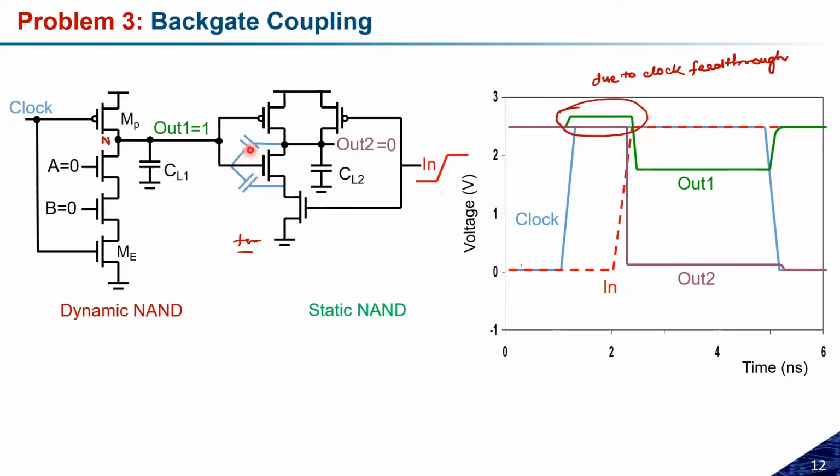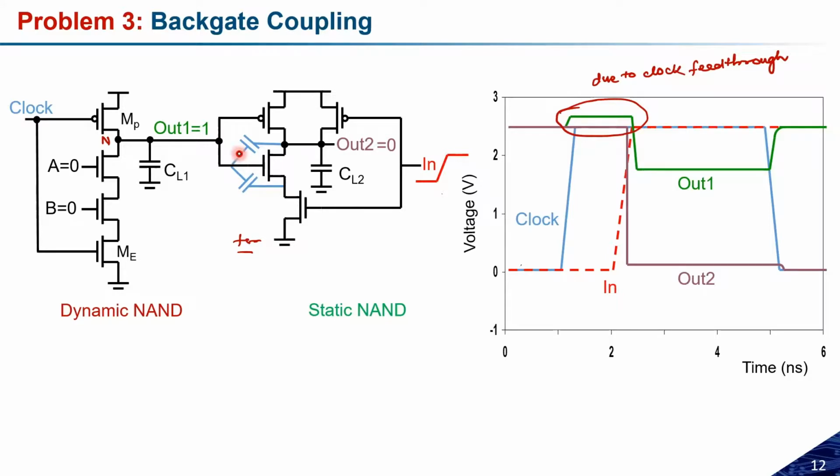So these two capacitors are charged, and this is also fully charged. The overall output at this voltage will be observed due to these capacitances, because we have not changed the input. So we will get somewhat higher voltage at output 1 due to this, and we call it the clock feedthrough.